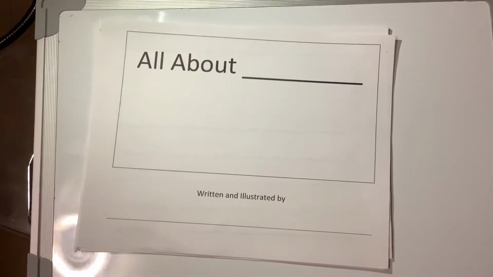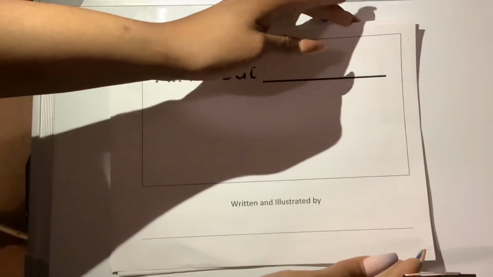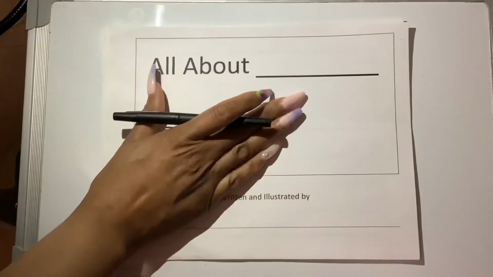Miss Allen has been thinking about the classroom. So this week, I want to model my all about book using the classroom as my topic. On my cover page, I want to draw the classroom.